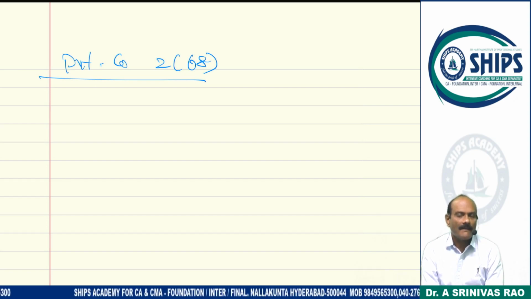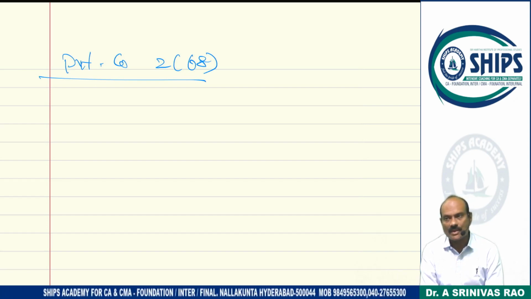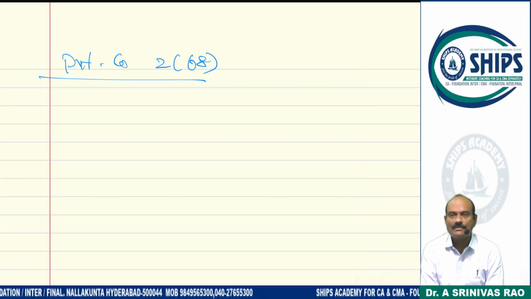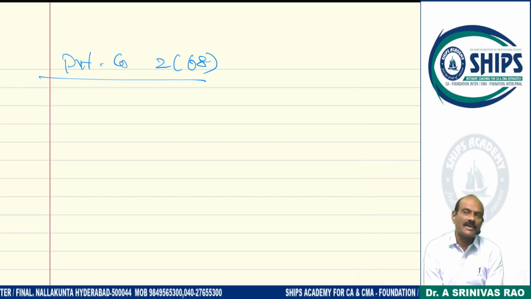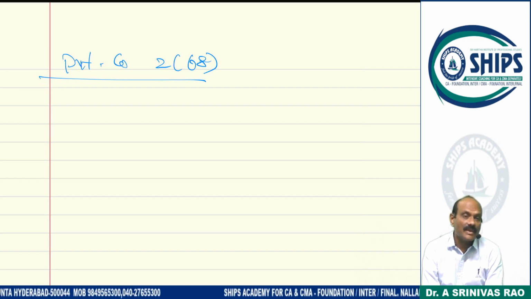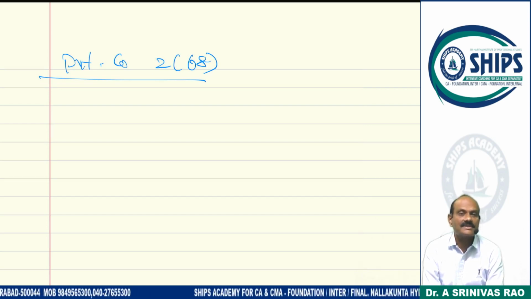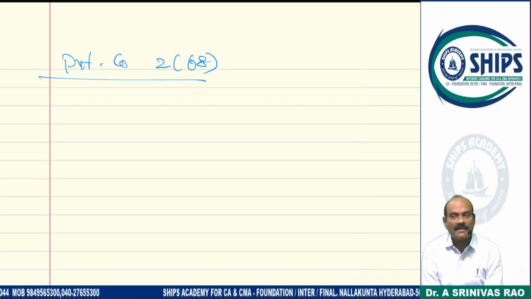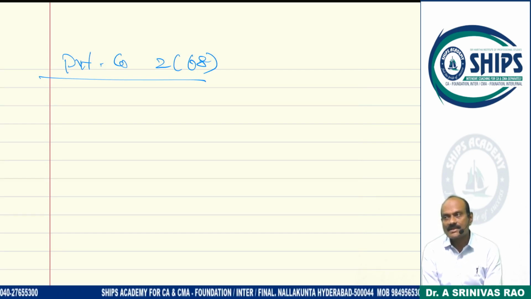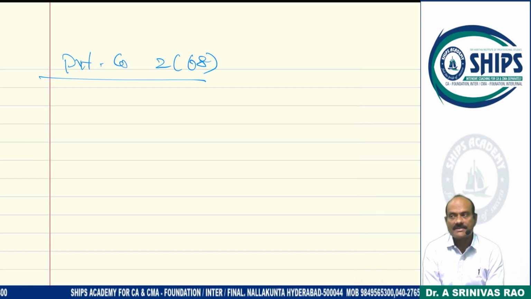Point A, maximum number of members to 200, within the brackets, excluding present and past employees.